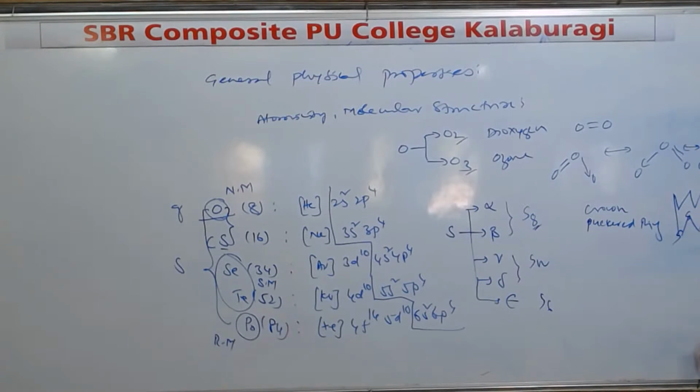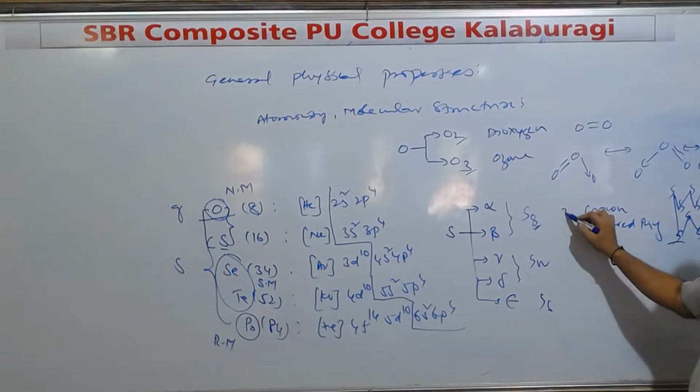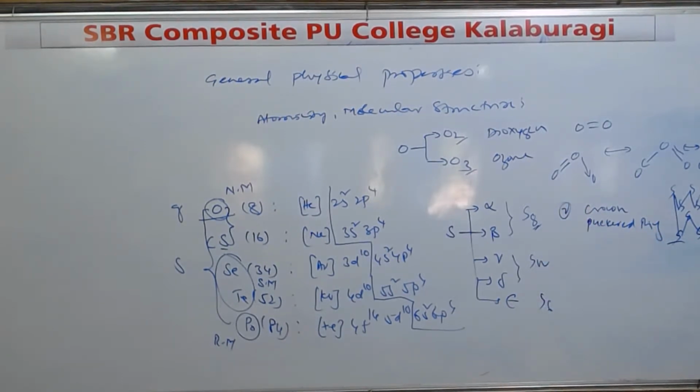Here one sulfur, here one sulfur. Like that, in total how many sulfur atoms are there? 8. But on average, each sulfur is involved in how many bonds? 2 bonds. So the covalency of sulfur in S8 is 2.